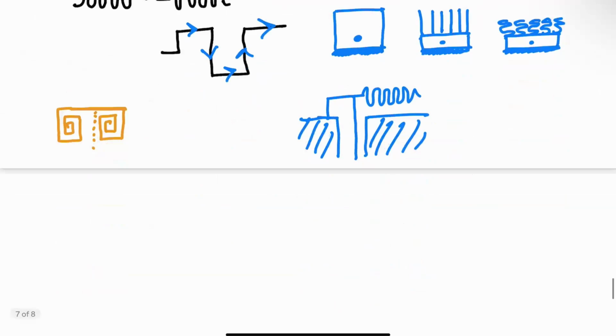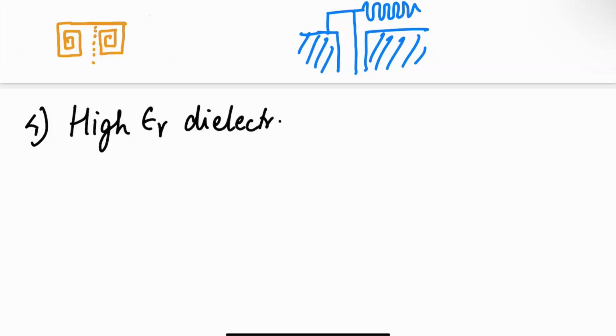Okay, so there are a couple more broad ideas. I'll just mention them. So one is using a high K dielectric or high epsilon R dielectric. And we saw that that's the case, right? When we had the patch, it was lambda over 2, lambda over 2 square root of epsilon R. You can make epsilon R larger, and that will confine the fields more. So you can make the physical size smaller.